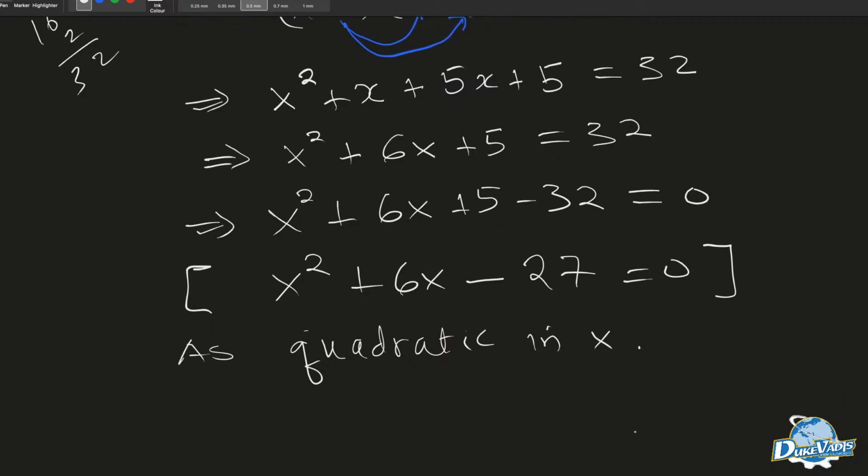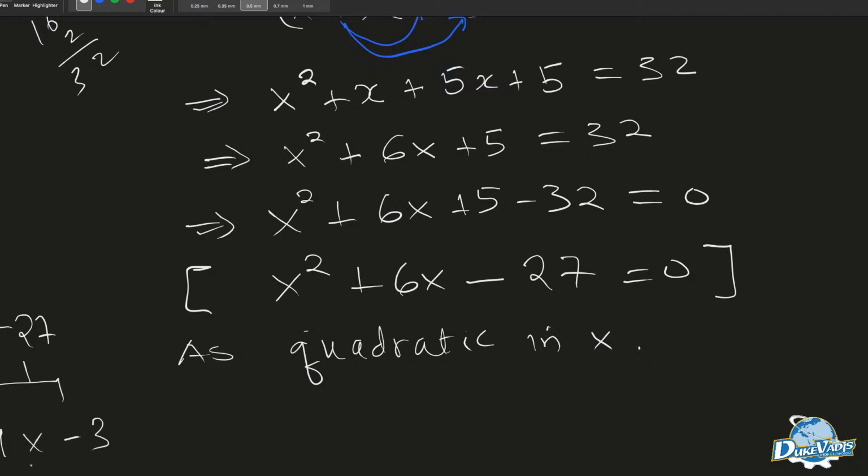As you can see, the coefficient of x squared is 1. So we multiply by negative 27. The factors of negative 27 that will give us positive 6 will be 9 times negative 3.